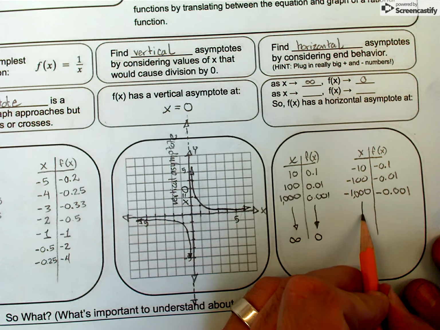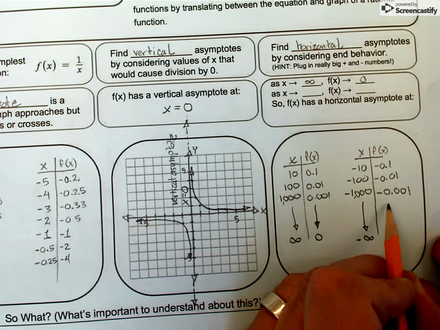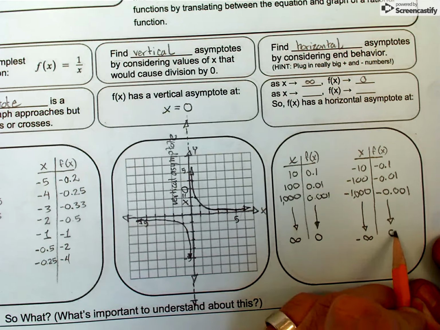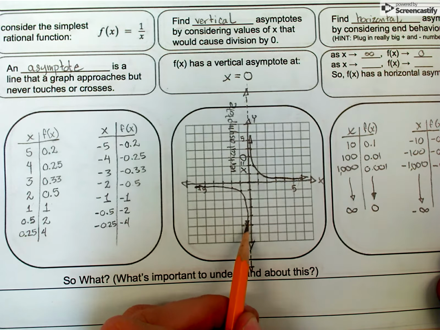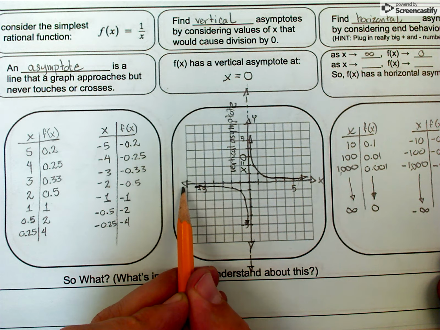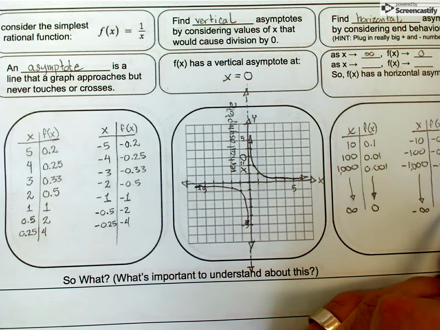That's negative 1/1000. So basically, as my x value is going to negative infinity, the value of my function is approaching 0. And it's approaching 0 from the negative side, just like my graph is over here. I'm coming up from the negative side, and I'm getting a negative number that's closer and closer to 0, and eventually, if I was able to go all the way out to infinity, then I would get to 0.